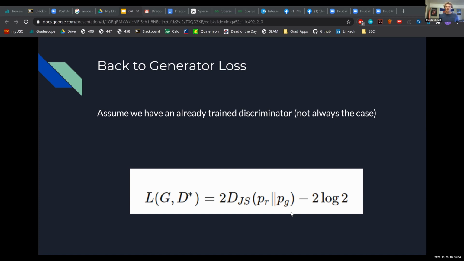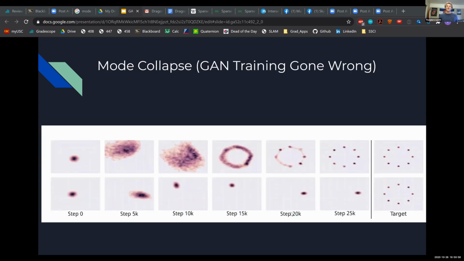All right, awesome. The final thing I want to talk about, okay, 2 more things to talk about. First one is called mode collapse. So this is when GAN training goes wrong. Unlike recurrent neural networks or convolutional neural networks, GANs are really, really hard to train.